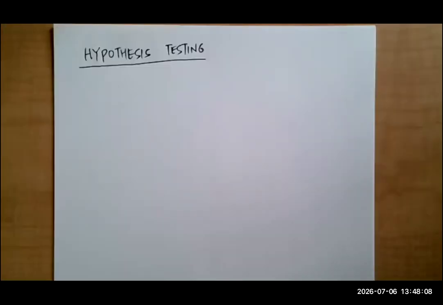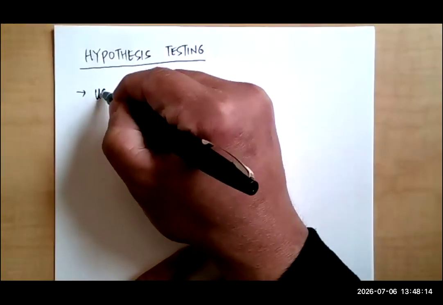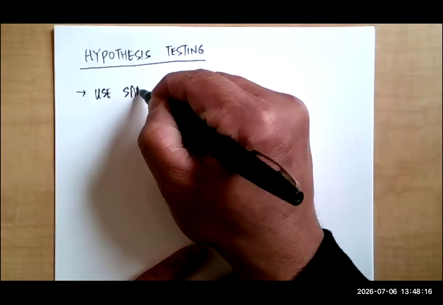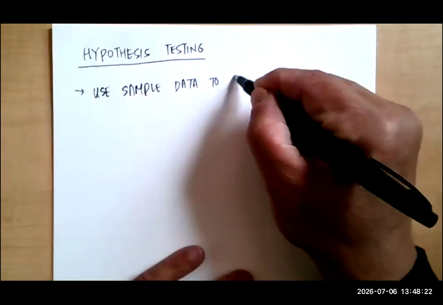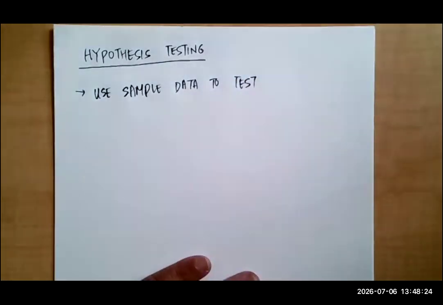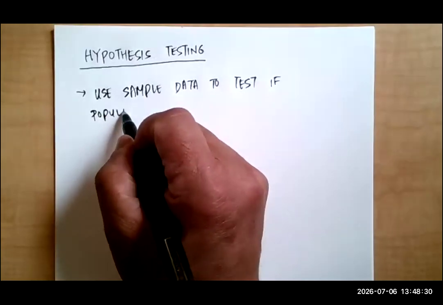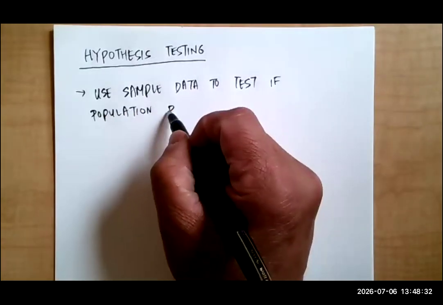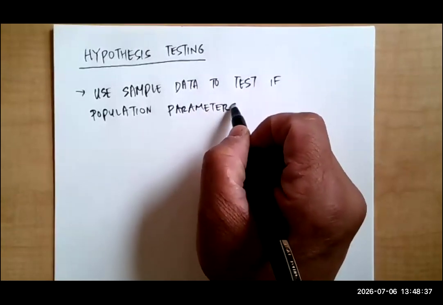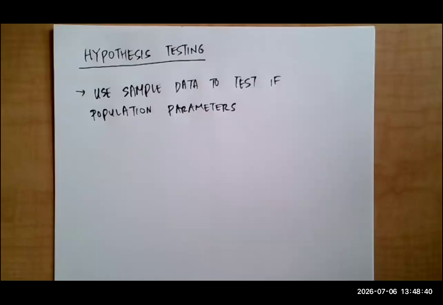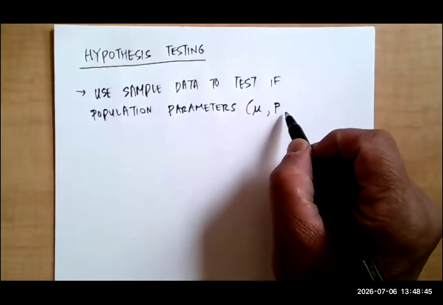All right, so going into our hypothesis testing, as I mentioned, what we're going to do is use sample data to test if population parameters, those values that we compute using the entire population's worth of data, so that's going to be the mean, proportion.